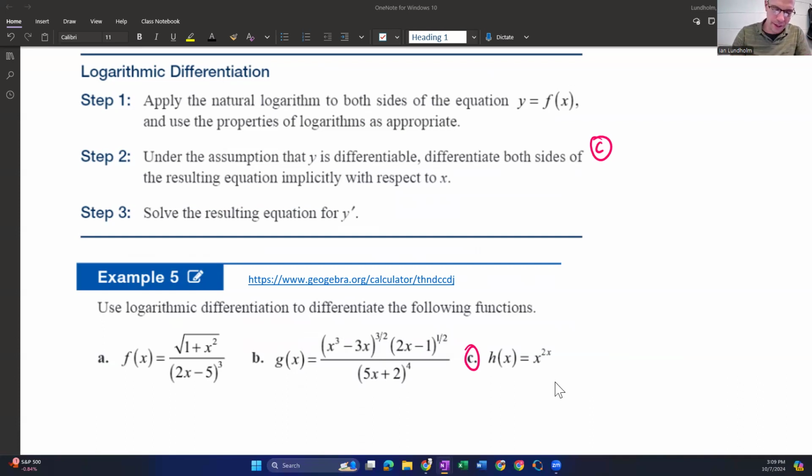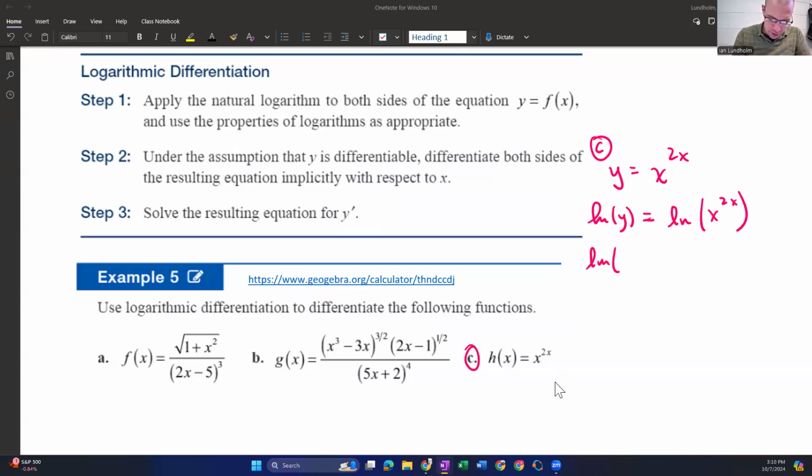Okay, idea being, let's just write this as y equals, sorry, x to the 2x. Then we're going to apply the natural log to both sides. Natural log of y equals the natural log of x to the 2x. A cool property of natural logarithm is that exponentiation that we see inside the argument can be turned into multiplication outside.